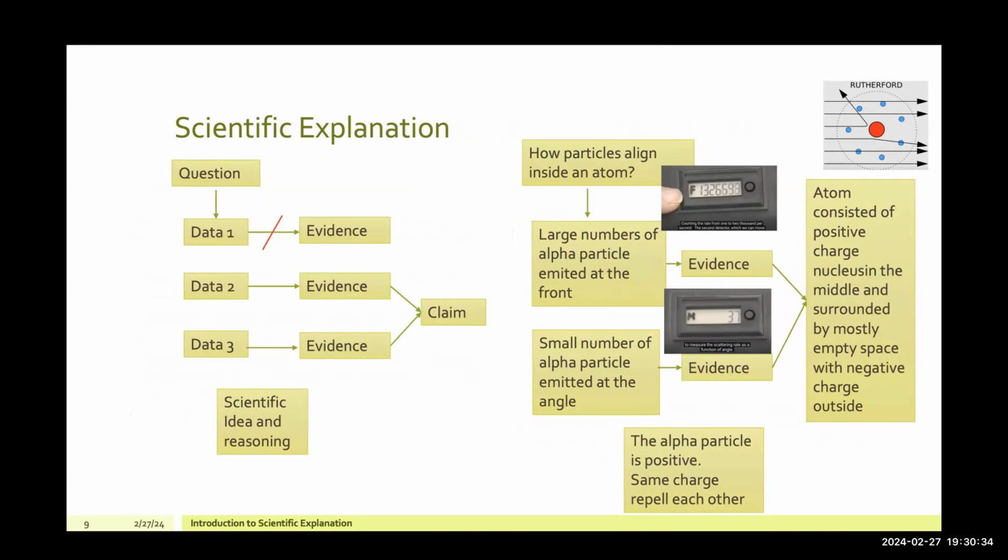Because the alpha particle is positive and the same charges repel each other, Rutherford came to the claim that the atom consisted of a positively charged nucleus in the middle, surrounded by mostly empty space with negative charge outside.